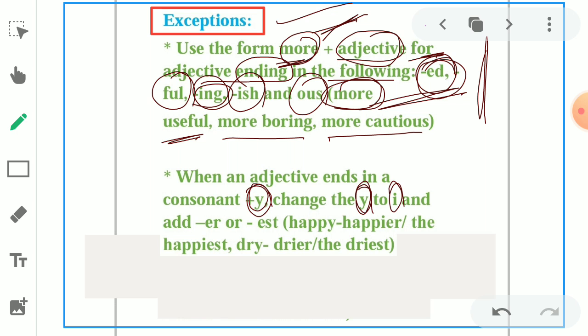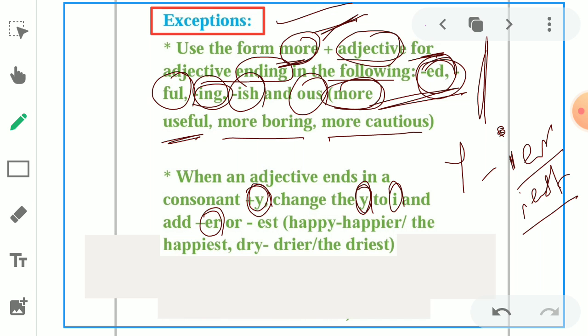In the place of y we need to write i when the adjective is used in the comparative form, and then add er. Or if it is in the superlative form, est. So this is the way we have to write.